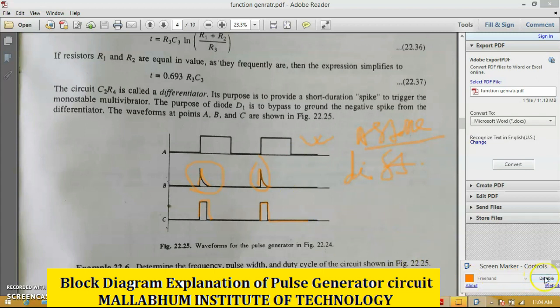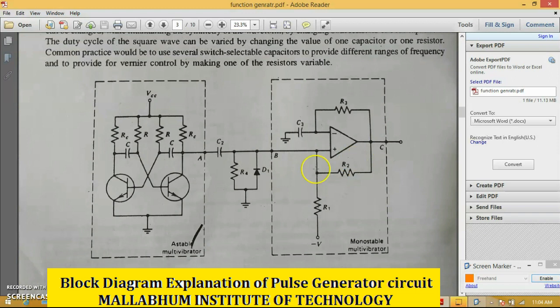I am going back to the previous figure. This is your astable circuit. I am again repeating, this provides a square wave because it has no stable state and keeps changing its state. If you differentiate this with the help of C2R4 used as a differentiator circuit, you can search on the internet how a capacitor and resistor arrangement makes a differentiator.